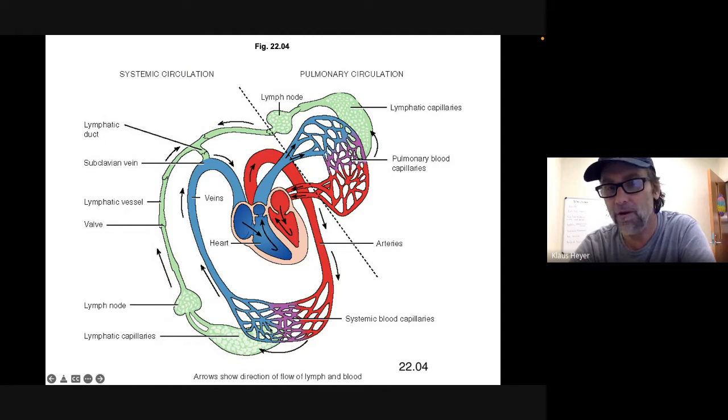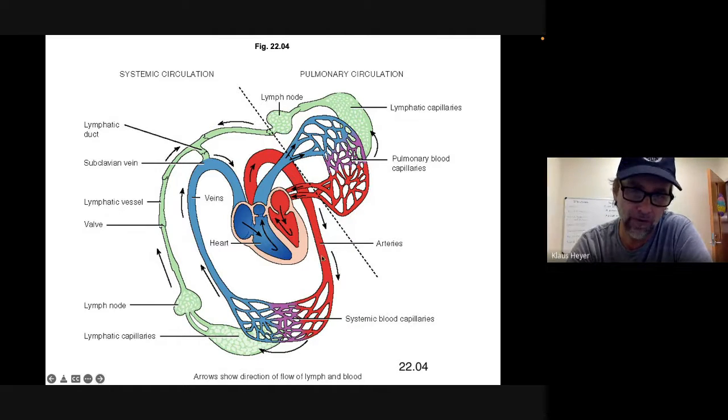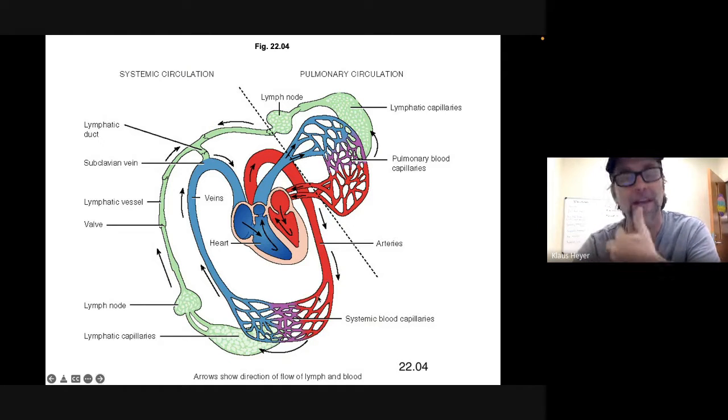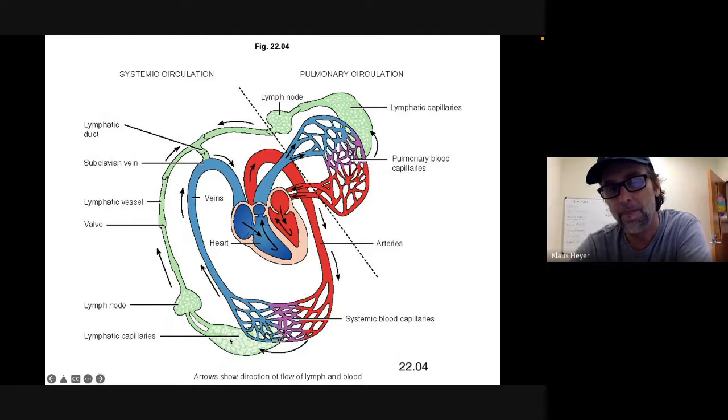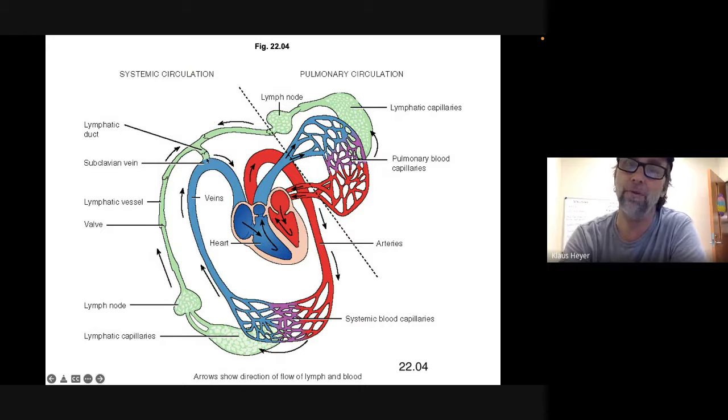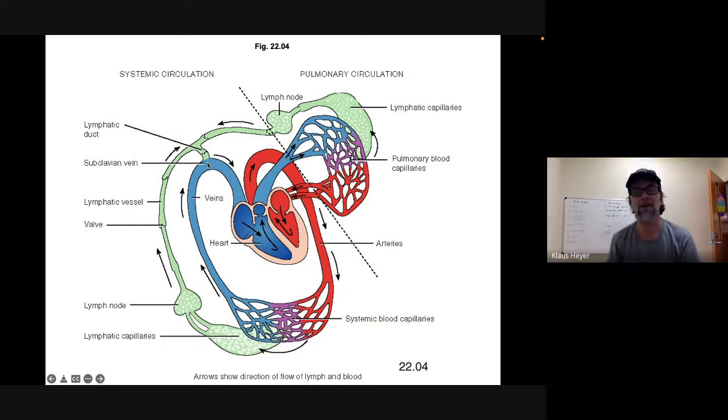So that's where we are here. So here's the aorta. The aorta becomes arteries. The arteries are going to become arterioles, then capillaries. Here's the capillaries. Fluid's going to leave, but not return. The lymphatic capillaries are going to pick it up and become lymphatic vessels, lymphatic trunks, lymphatic ducts, and it's going to dump right back into the blood again at the subclavian vein.